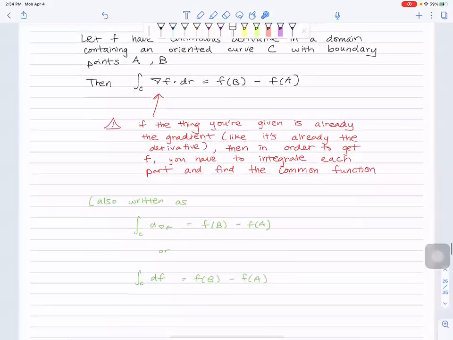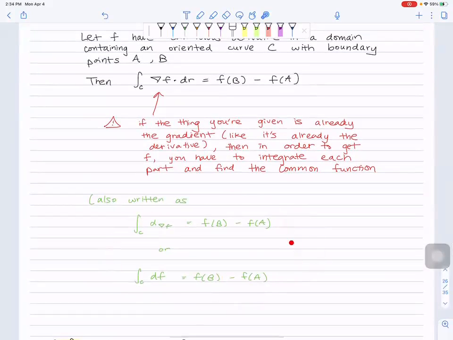In the one form language, it's written like the green. Special note: if they give this to you in gradient form, don't just take that gradient and plug in your B and your A. You need to find what this function f is. I have an example at the very end of finding f.